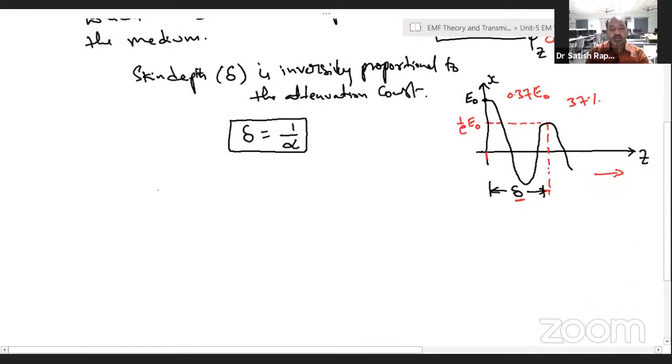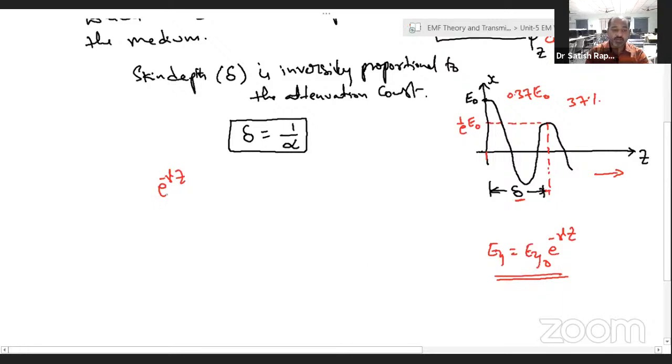As we know, the wave can be represented like this, as we have seen earlier: Ey is equal to Ey naught e power minus gamma z. This is how we express the electric field component in phasor form.